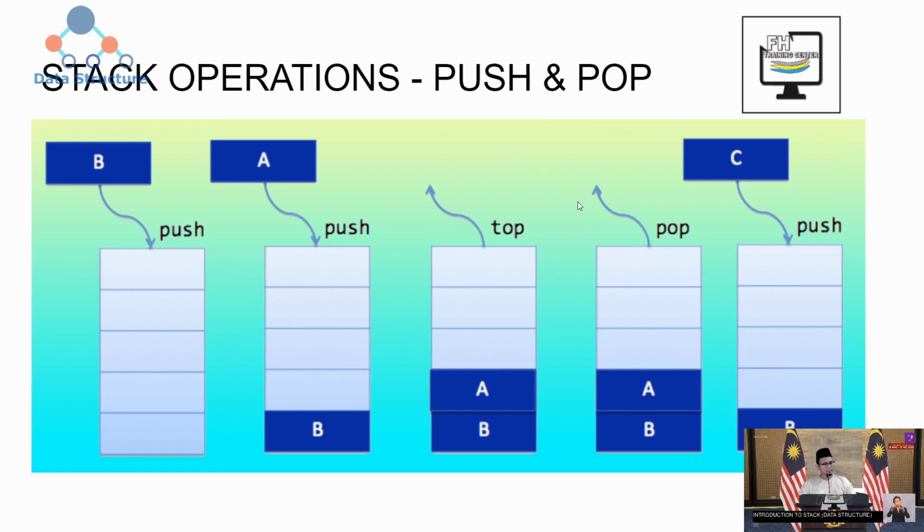And lastly, the new incoming item is C, and C will be placed at the top of B. And as we can see here, B always stays at the base, and it will stay the longest amongst the other values or items.